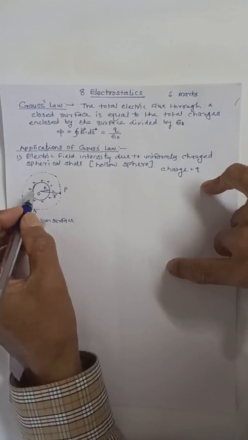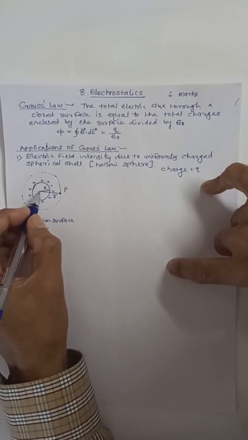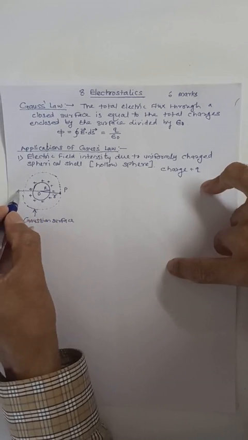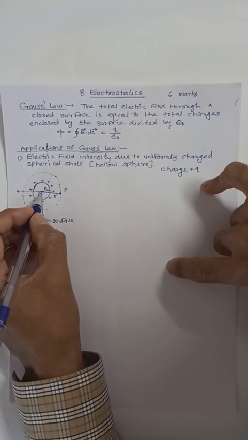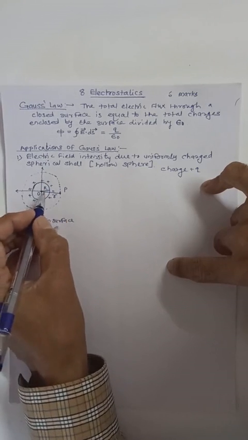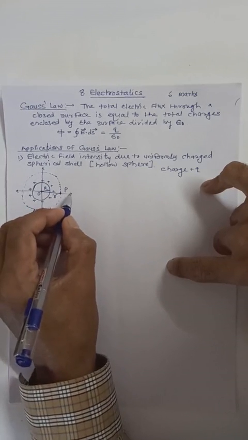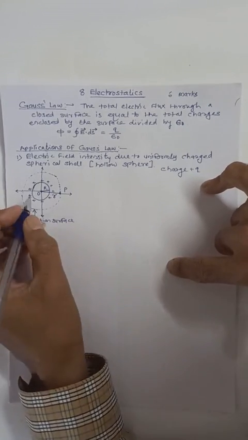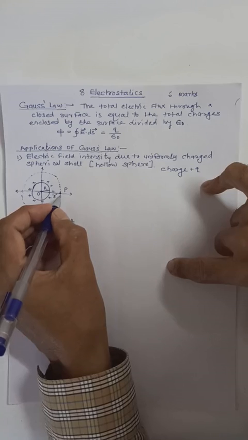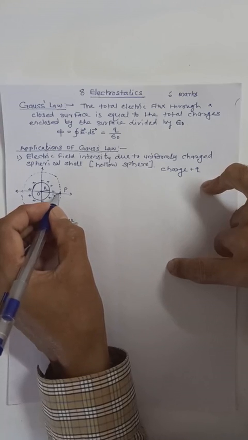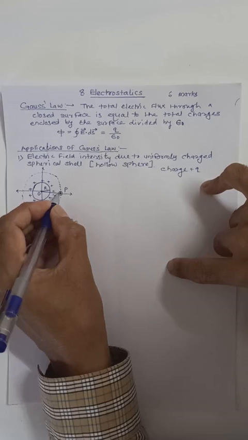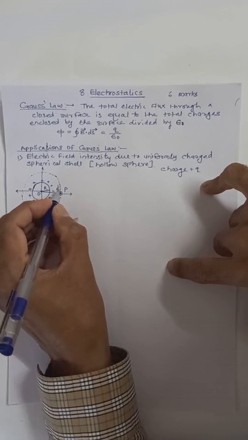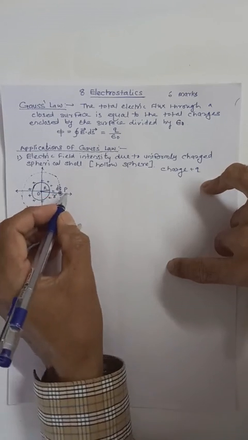Because of the symmetry, the electric field intensity is directed outward like this in all possible directions. So draw a small surface area ds around the point P. This is a very small surface area ds.